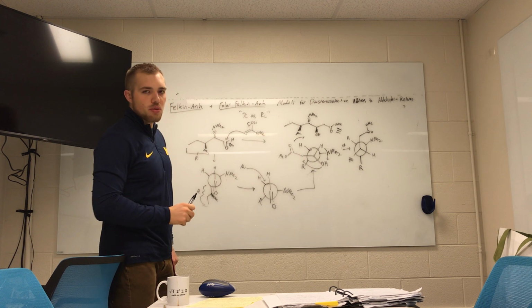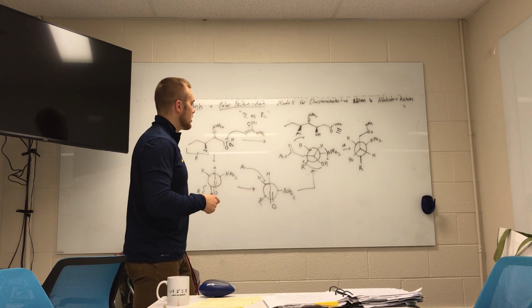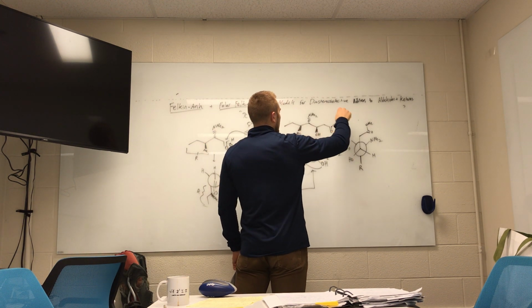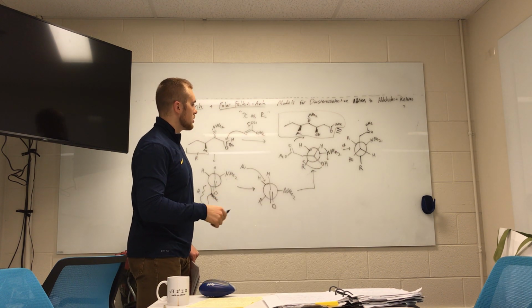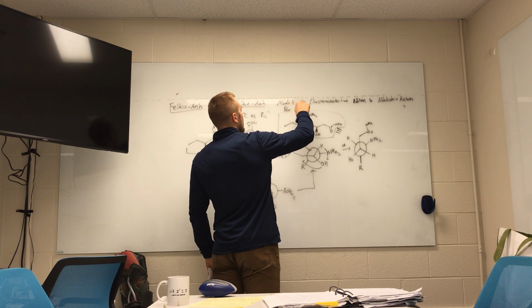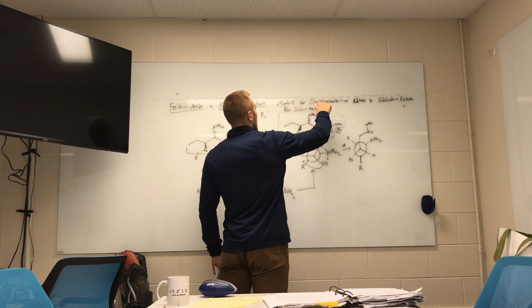I did it before in my notes, as any good professor, well, I'm not a professor, but as any semi-adequate teacher as I am will do. I did it in my notes beforehand, and yes, we get this structure, which is predicted by the polar Felkin-Anh model.